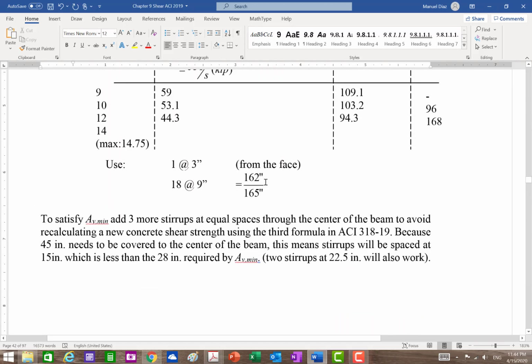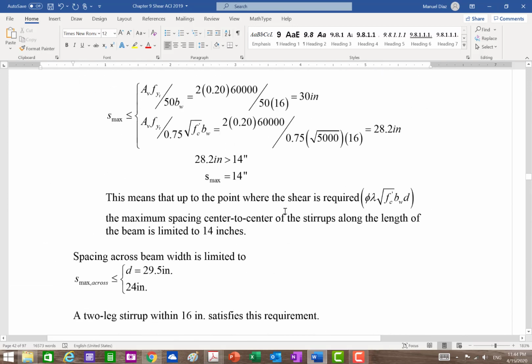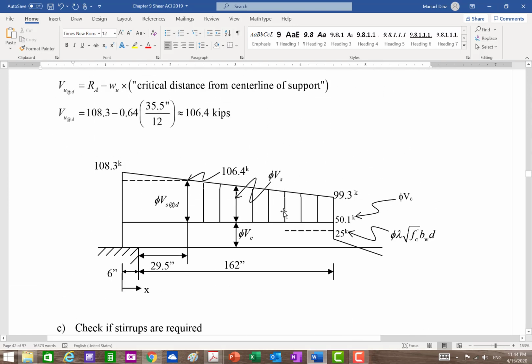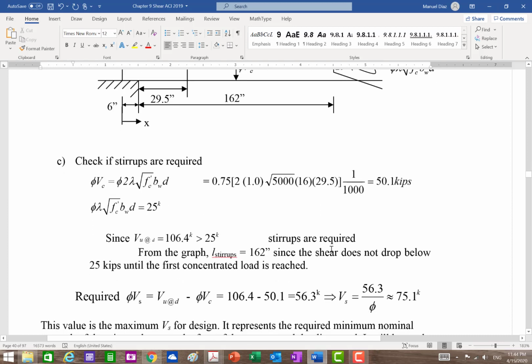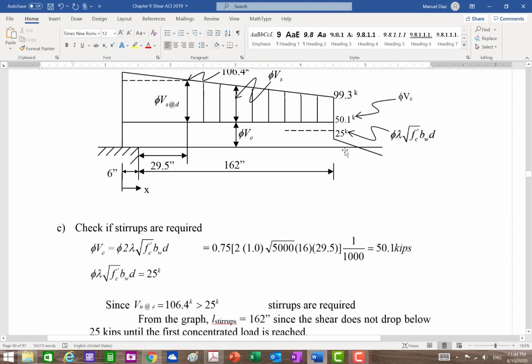And so the next thing is I need to still cover, right? So I did that. I have satisfied my length of stirrups, because I need to cover that distance. But that put me someplace here. But then I had to go from here to the center of the beam.